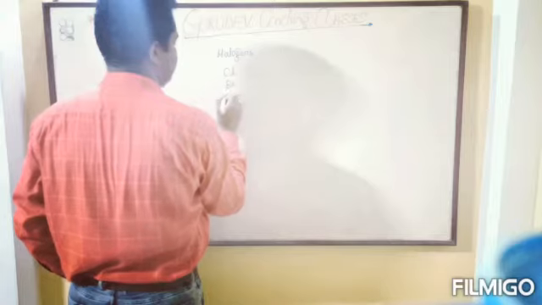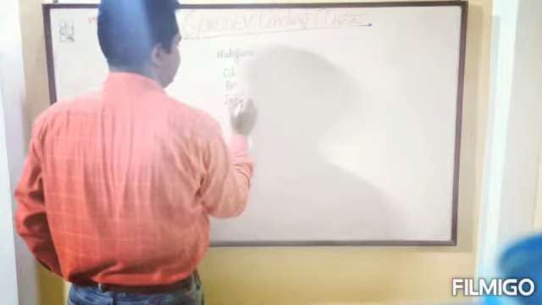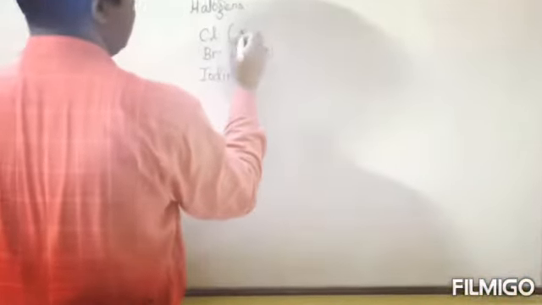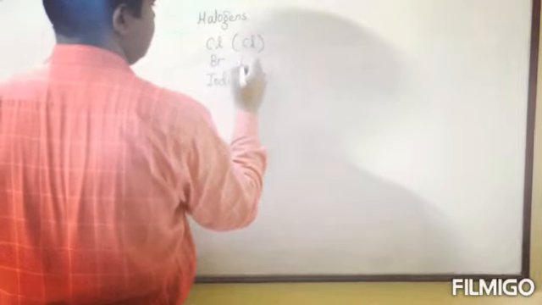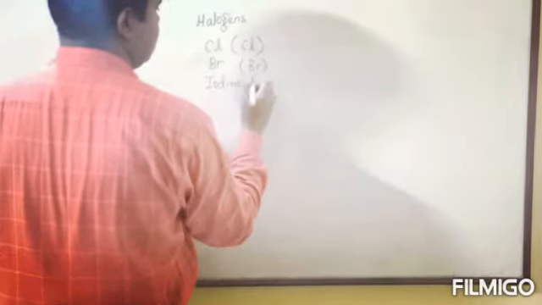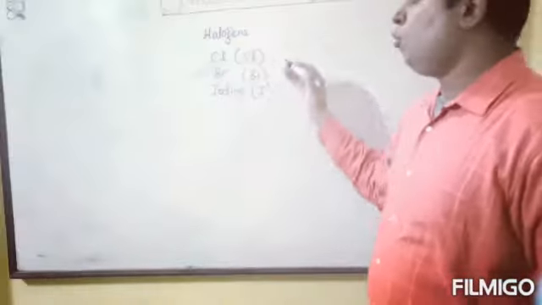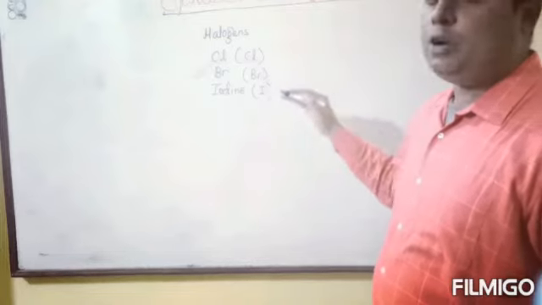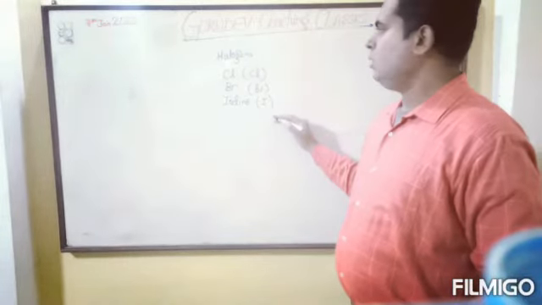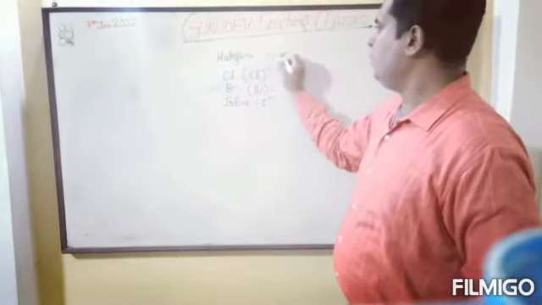Chlorine, bromine, iodine. When these elements, chlorine, bromine and iodine, form an ion.